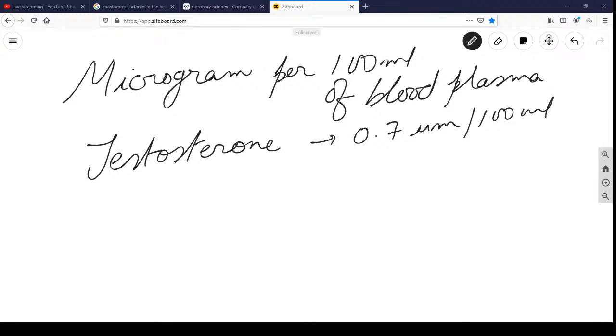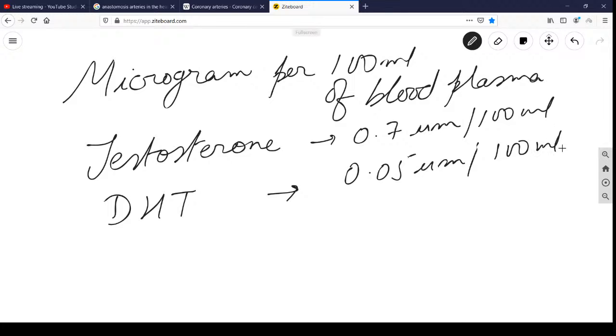If I talk about 5 alpha dihydrotestosterone, or simply DHT, it will be 0.05 micrograms per 100 ml, where microgram means 10 to the power minus 6 gram.